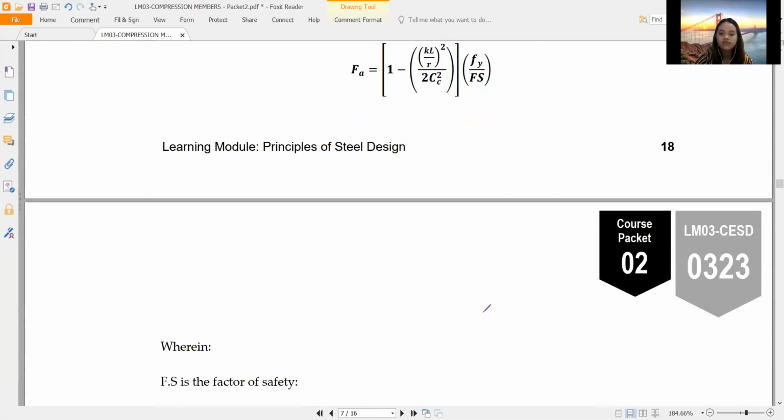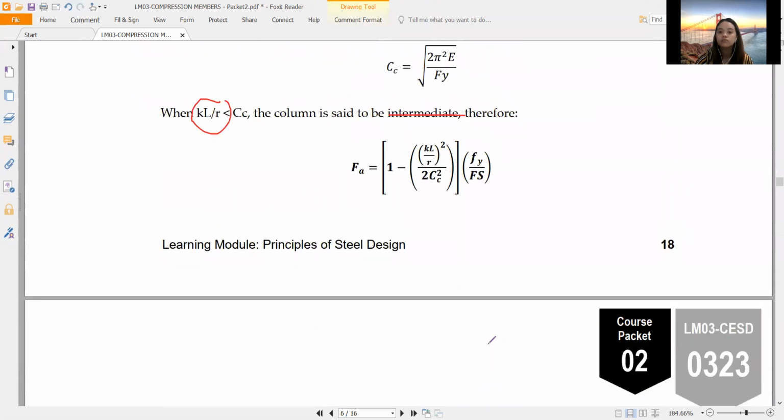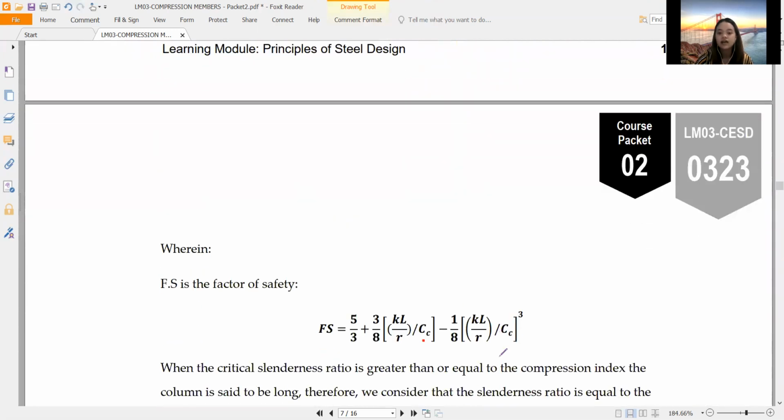This factor of safety is equivalent to 5 over 3 plus 3 over 8 multiplied by the ratio of the slenderness ratio to the compression index, minus 1/8 of the cube of the ratio of your slenderness ratio and the compression index. So, it's easy to remember: 5 over 3, 3/8 and 1/8, then cube.